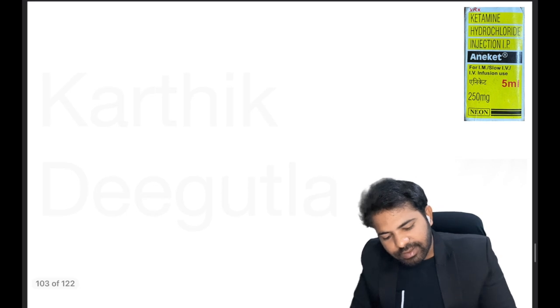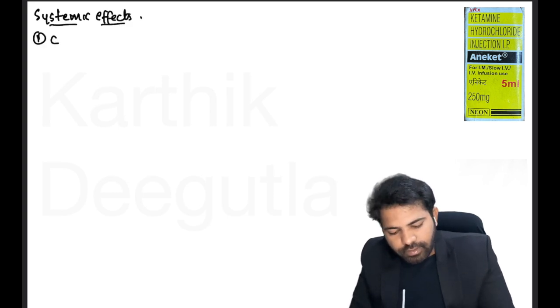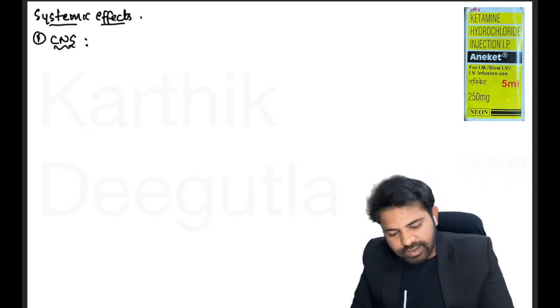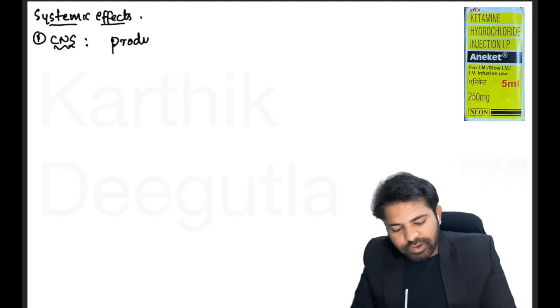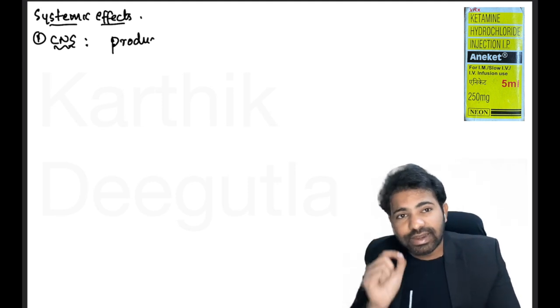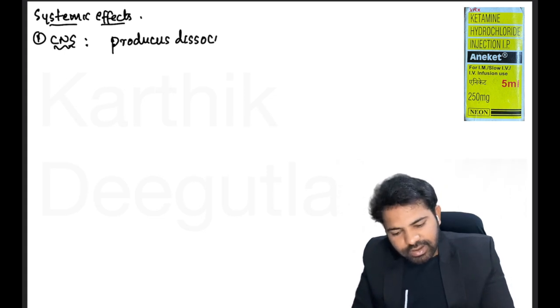Then what are the systemic effects of ketamine, or pharmacodynamics? Let's talk about the central nervous system. Ketamine produces dissociative anesthesia.